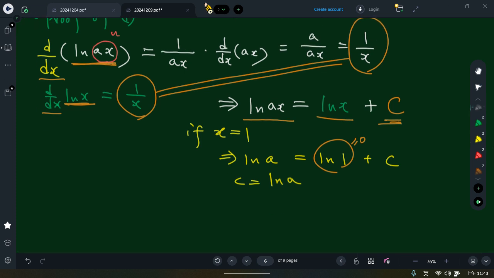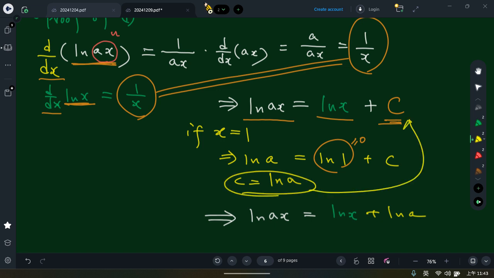So let's just get back to ln ax is equal to ln x plus c. We just use this to replace here, and then we can get this one. Right? So finally, ln ax is equal to ln x plus ln a.